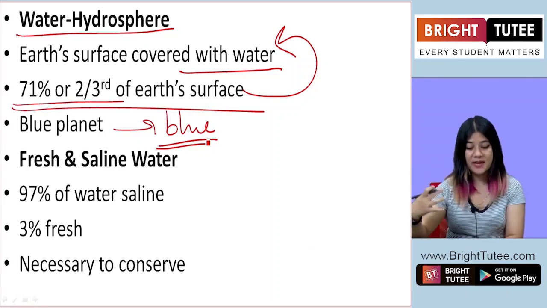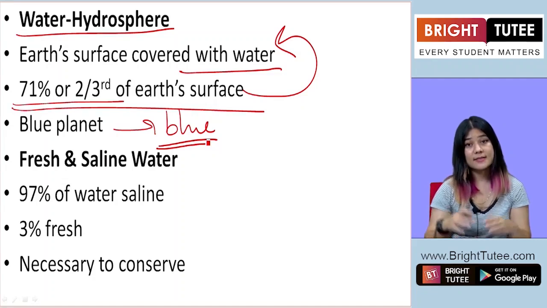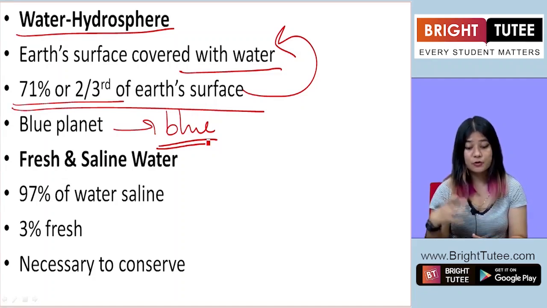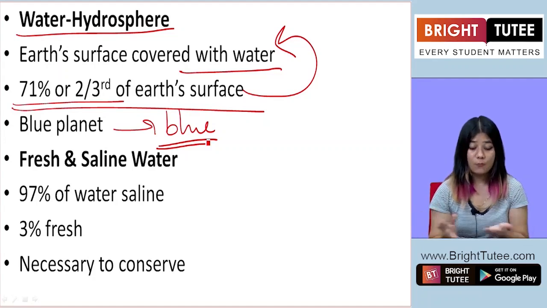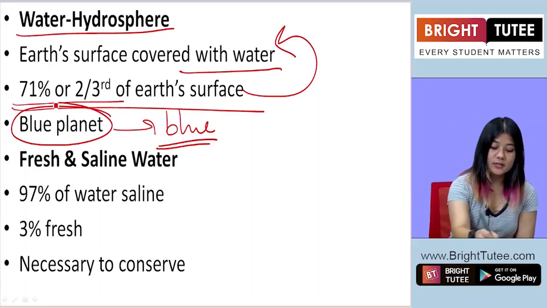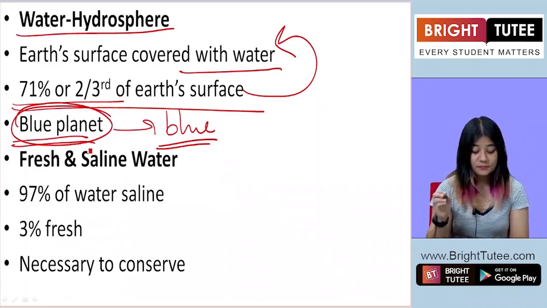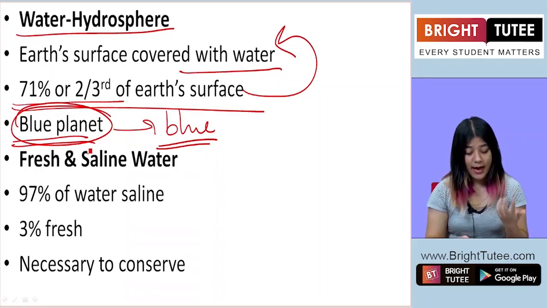Okay, from space, the Earth looks blue because of the very fact that 71% or 2/3 of the Earth's surface is covered in water, and because of that fact, the Earth is also called the blue planet. Alright?